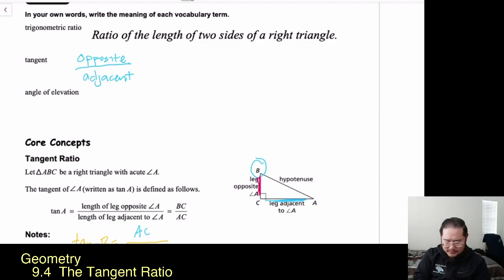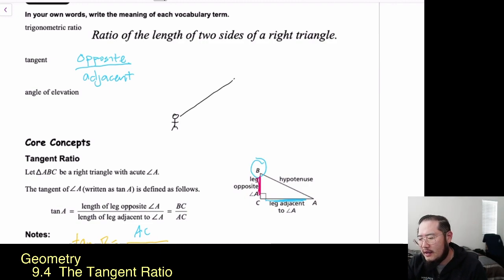We talk about angle of elevation. You see that one right there. Hopefully that's a quick and easy definition, or at least I can show you. Elevation means up, right? If you think about how high a mountain is, it's the elevation. So if we have a person down on the ground, the angle of elevation would be the angle that the person is looking to see up at a cloud.